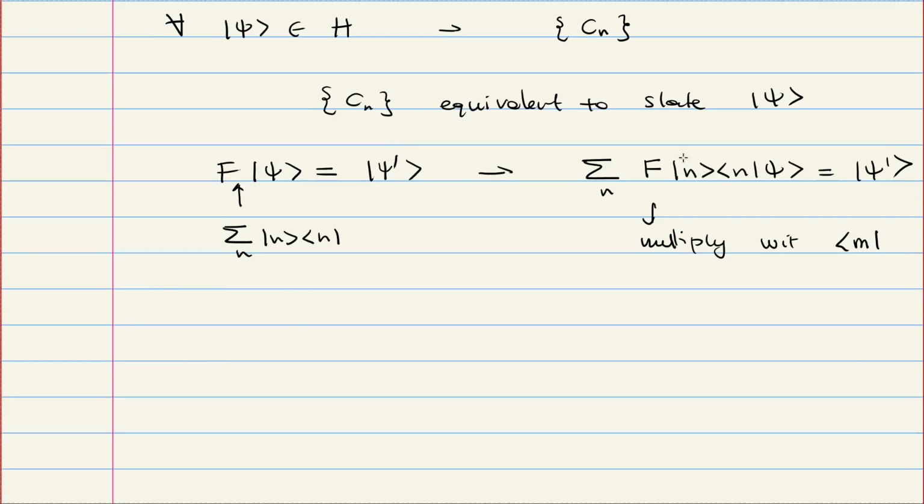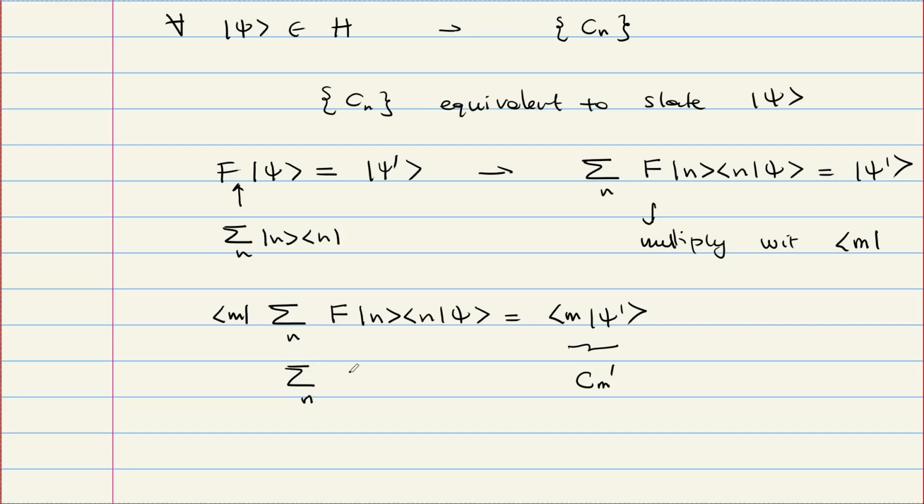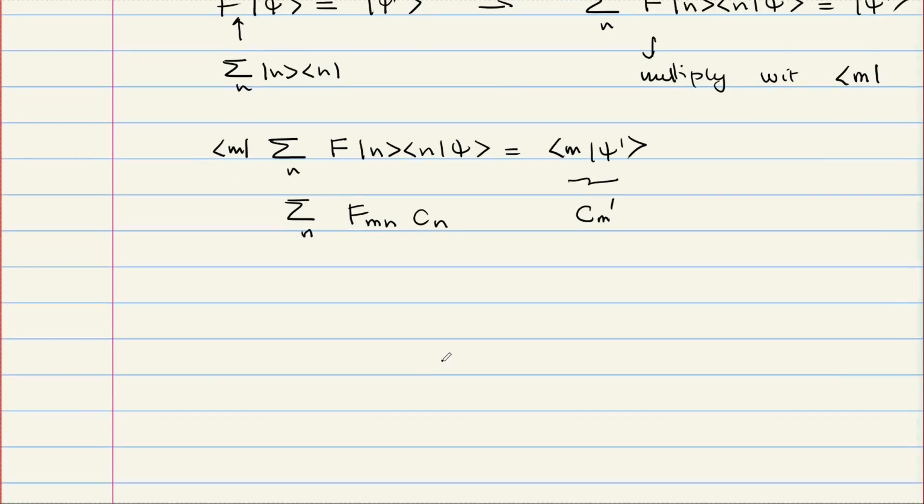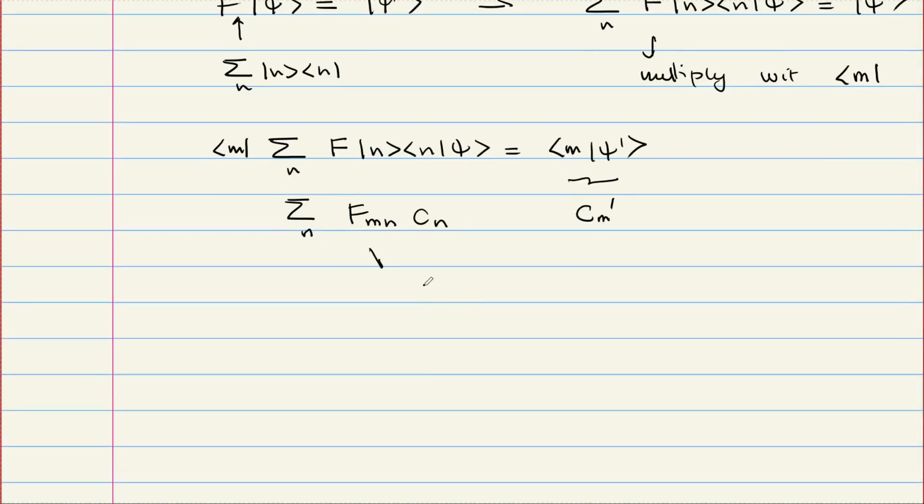Let me do it in two steps. I'll do this with m, and this coefficient I'm going to call Cm prime. On this side, what I have is the sum over n of f_mn Cn, and this f_mn is defined as the matrix element of m, f, n.